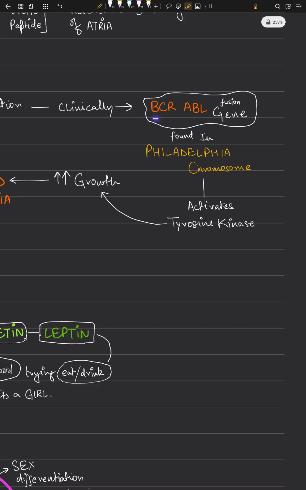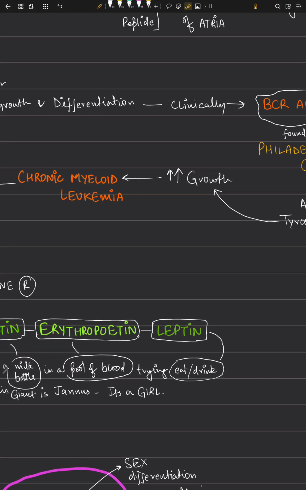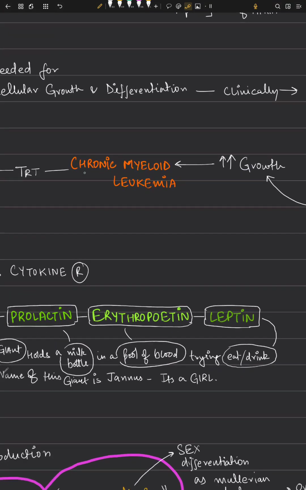There's something called the BCR-ABL gene. It's a fusion gene found in the Philadelphia chromosome, and it activates tyrosine kinase, and the growth goes up. If you have this gene, then the growth via tyrosine kinase is so amazing that you end up with chronic myeloid leukemia.